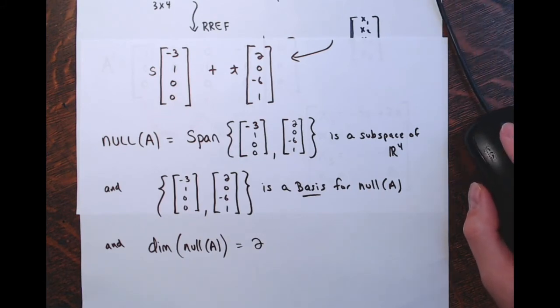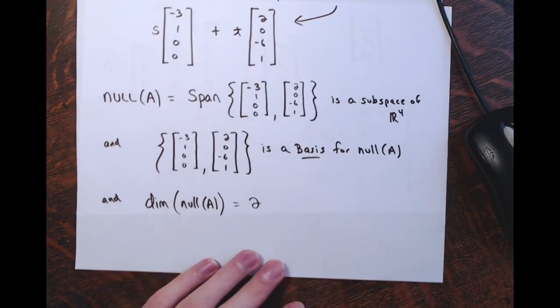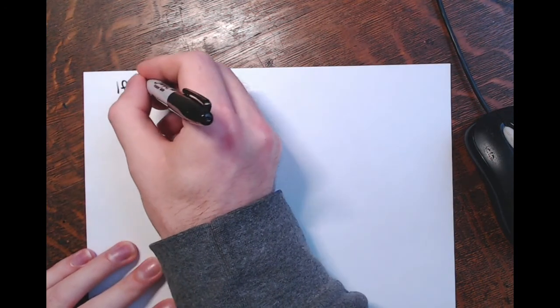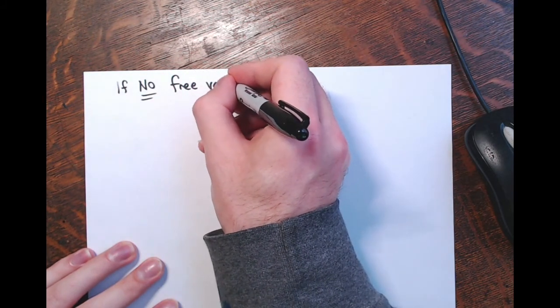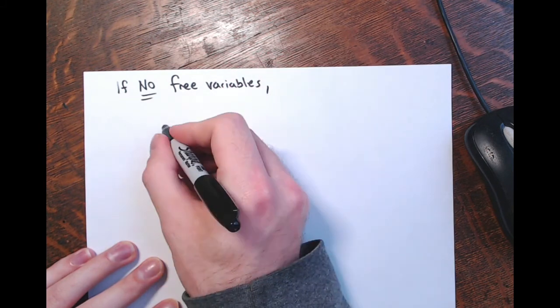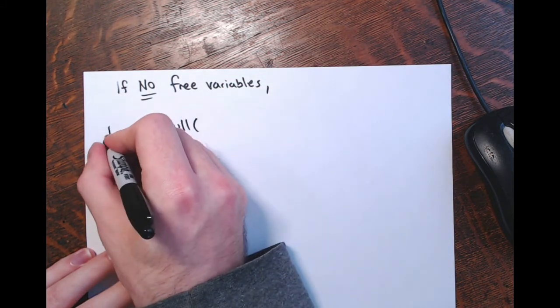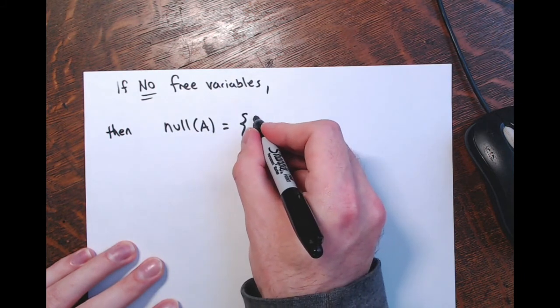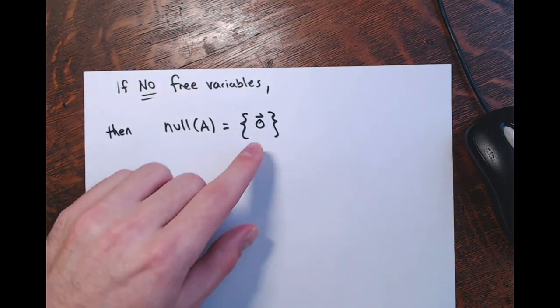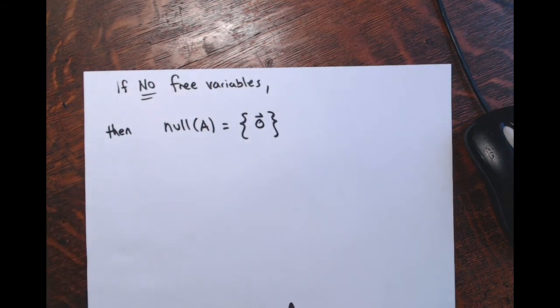Now, if there are no free variables, I guess I'll point that out, as we haven't come across an example like that yet. If there are no free variables, then the null space of A will only be the 0 vector, from whatever space you need it, whether R3 or R4 or R5.